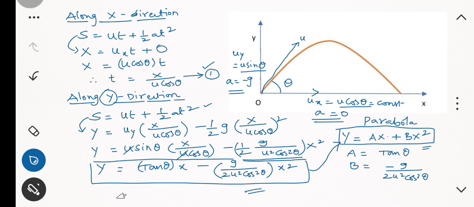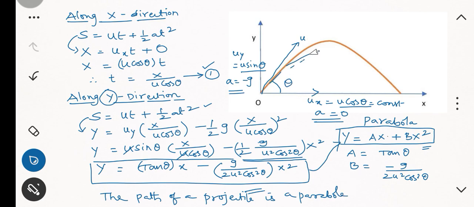So we can say that the path of a projectile is a parabola. That is, the projectile path looks like a parabola, a parabolic path.